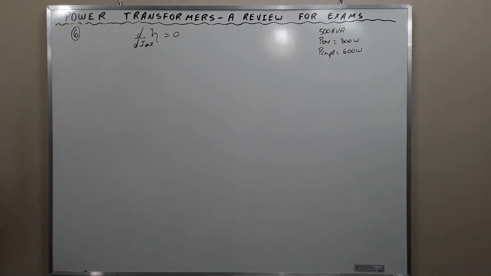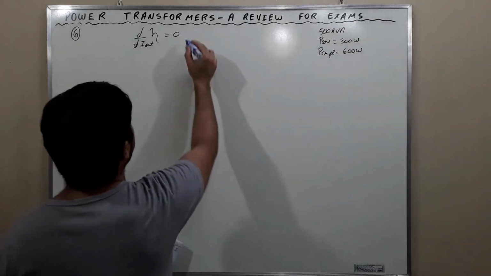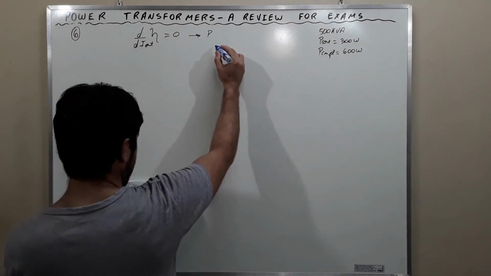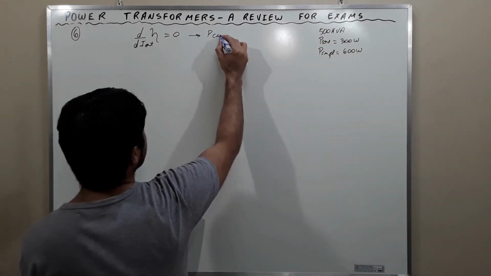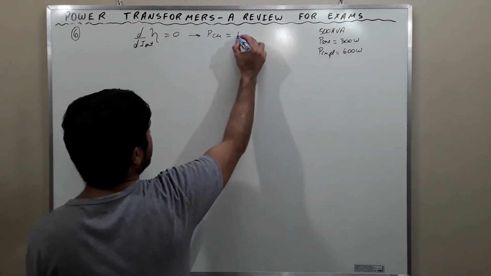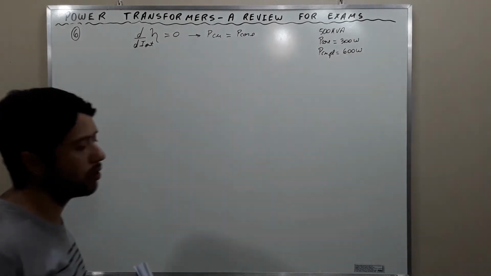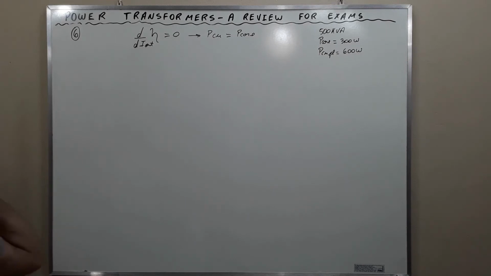When we make the derivative of the efficiency with respect to output current equal to 0, we maximize the efficiency of the transformer, and this gives that PCU has to be equal to P core. When the core losses are equal to the copper losses, we have maximized the efficiency of the transformer.